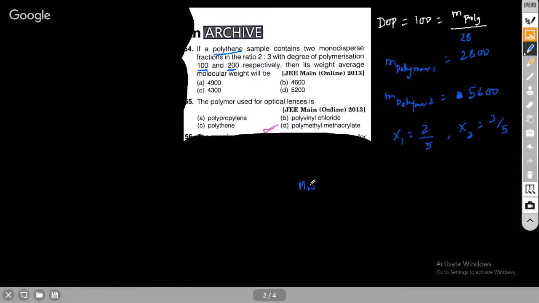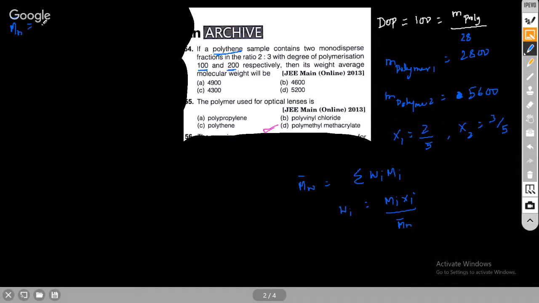The formula is the summation of W_i M_i. What is W_i? It is the weight fraction, which equals M_i X_i divided by M_N bar, the number average molecular mass. So first of all, we'll calculate M_N bar, the number average molecular mass.